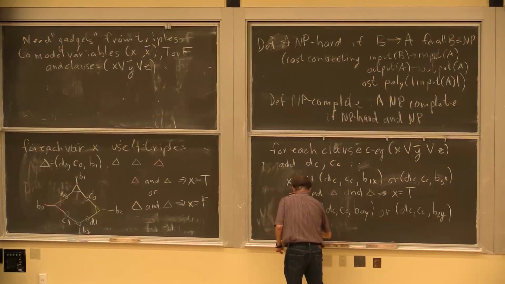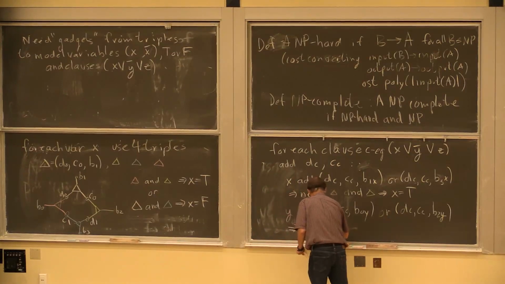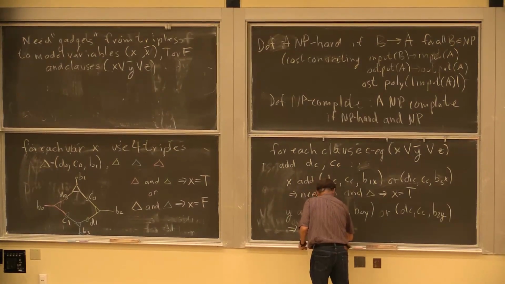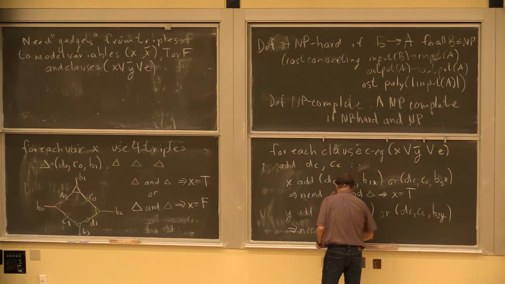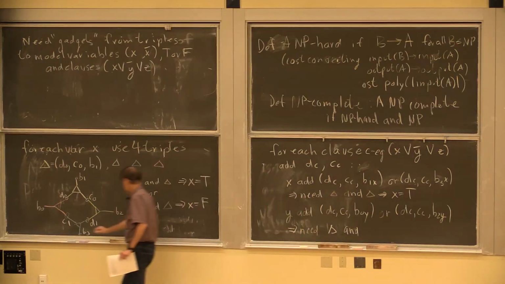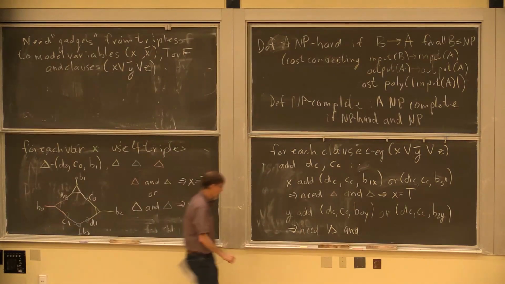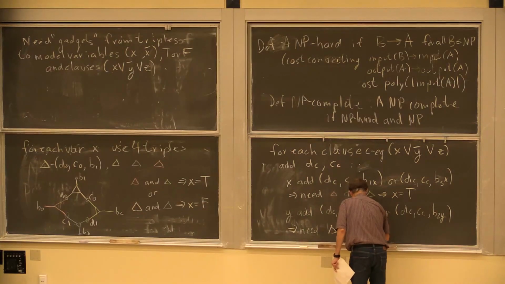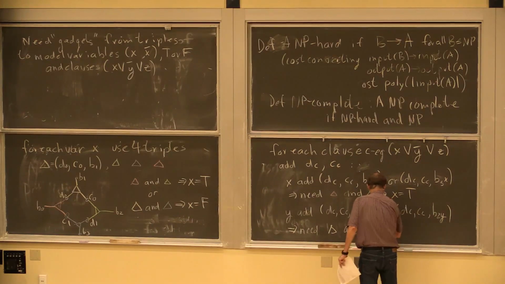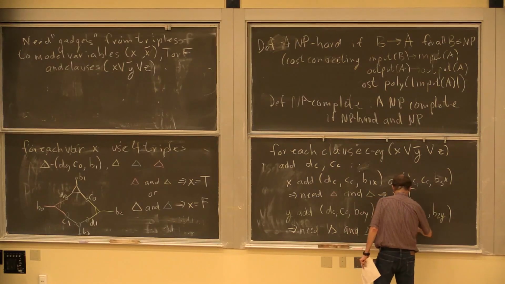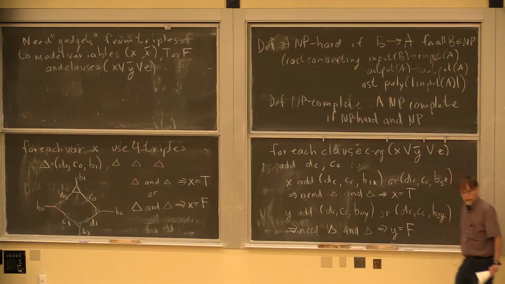So that means we need to pick both of those, white and blue. And that's going to imply that y equals false. And same trick for z.